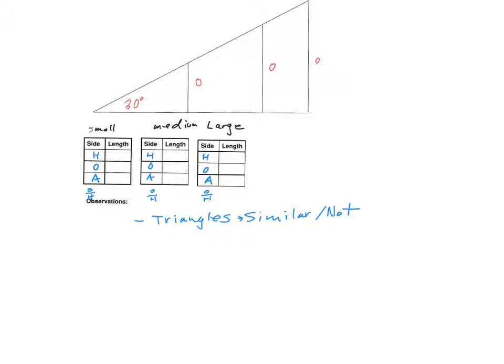And then finally, you need to tell me if these side lengths are proportional. You need to tell me if these things are proportional or not. So just pause here, work through the problems, and then you can finish up the rest of the video. You'll definitely need a ruler for this.